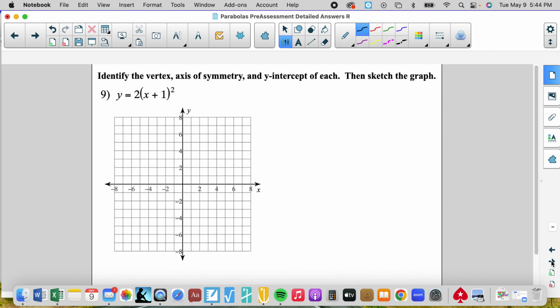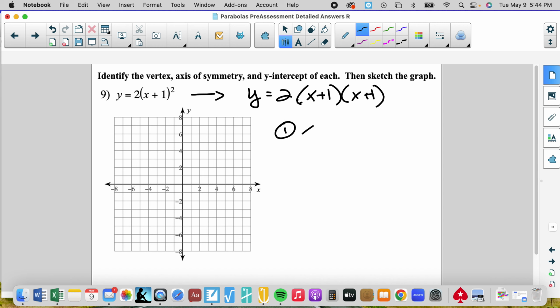This one, we're going to get a little bit different. So we see this, and don't mistake this. You could mistake this for vertex form, couldn't you? But we're going to do this as x-intercept. That's a very unique one. So this is really x plus 1 times x plus 1.